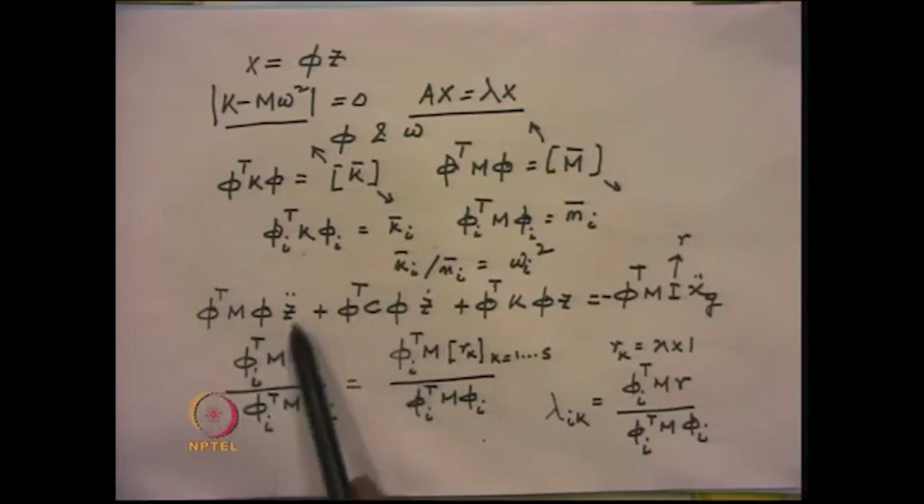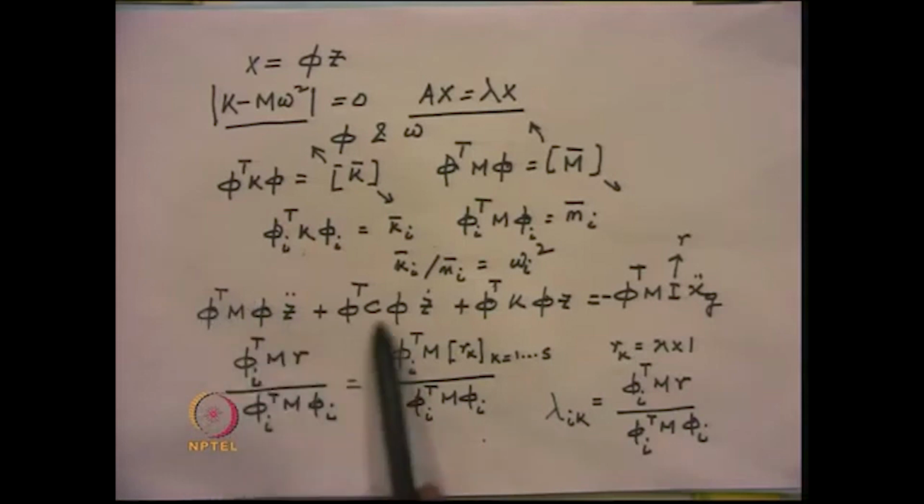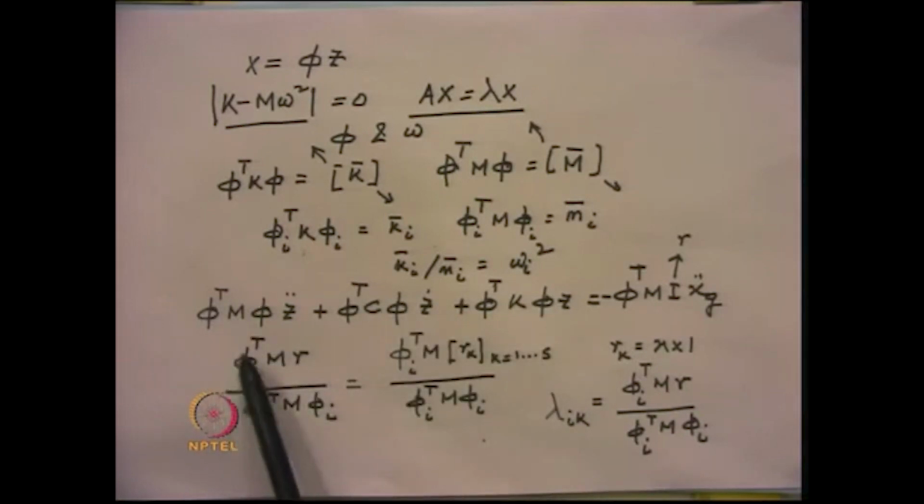Now, if the left hand side becomes diagonal, then we can see that the equation of motion becomes uncoupled. Uncoupled in the sense that you have only diagonal terms over here.